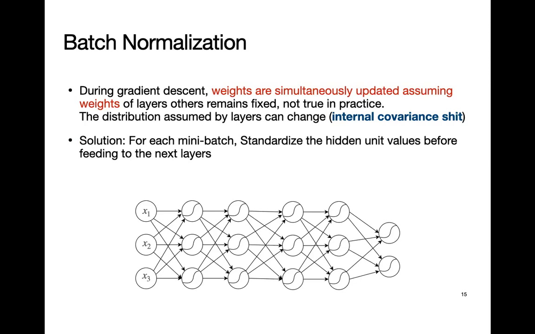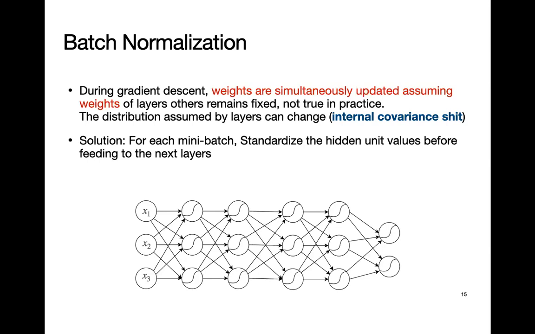So the solution here is that for each mini batch, we standardize the hidden values before feeding them to the next layer. This means that we want all of them to have the same mean and the same standard deviation.